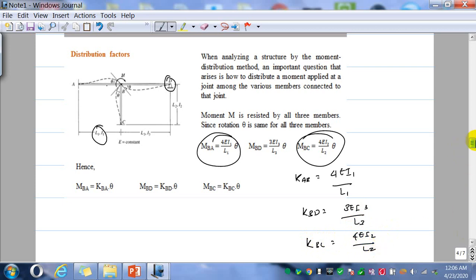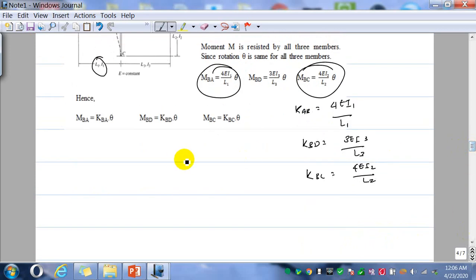So these are the stiffnesses, and we mark them by K into theta. K is the stiffness against the rotation, theta is the angle by which it rotated. So that is the moment induced or carried by that element.